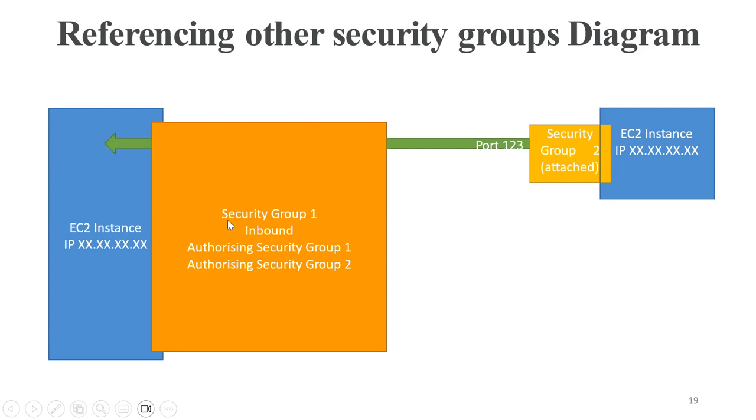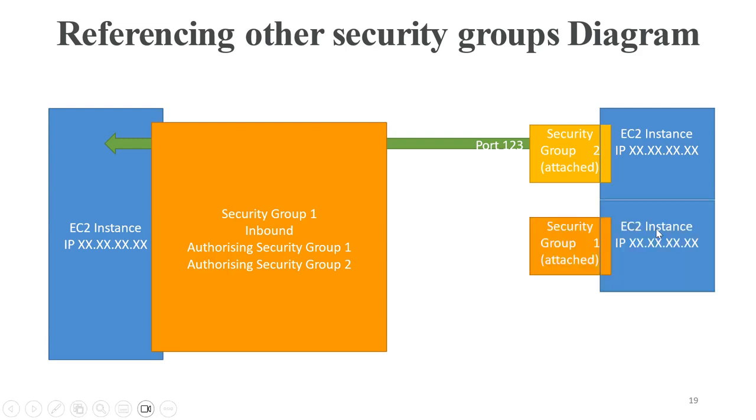Because for this EC2 instance, whenever we are creating the security group, we are referring to this other security group, security group 2, and we are allowing that. Now this EC2 instance which is attached with security group 2 can automatically access this EC2 instance on that port. It doesn't matter whether it is 80 or 22 or some other port.